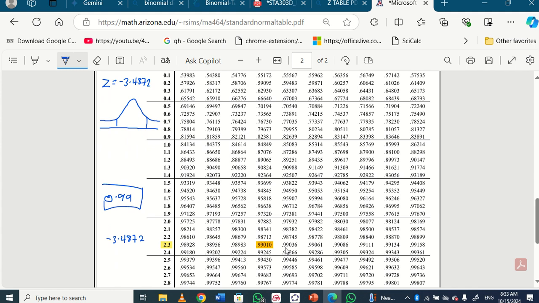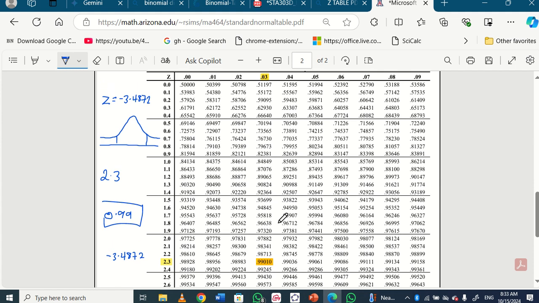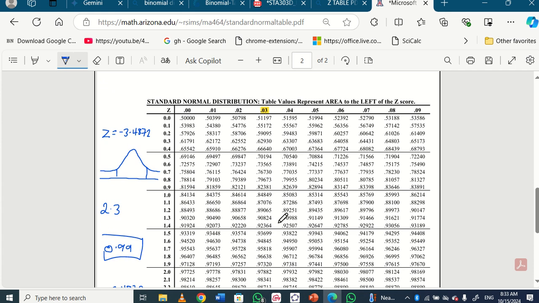So let's write that down, 2.3 on the left. Then when we go up, it is 0.03. So 2.3 plus 0 is still 3, then 3. So it becomes 2.33, and that becomes your z value.